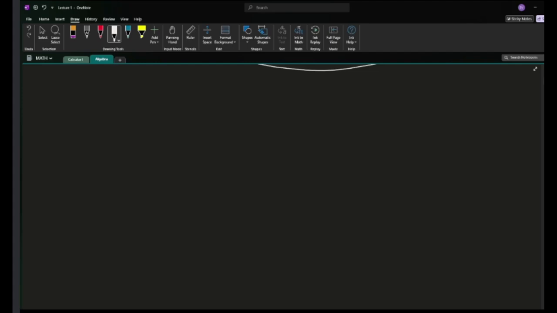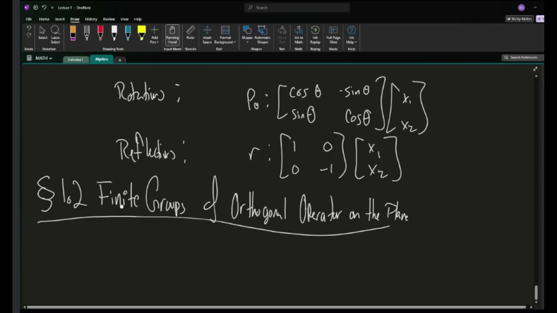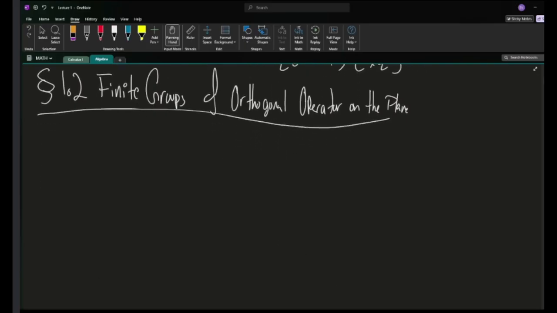All right, cool. Okay, yeah. So we're starting a new section in the text. Am I even one to one with the text? I have zero clue. I'm pretty sure I ended off on 5.4.